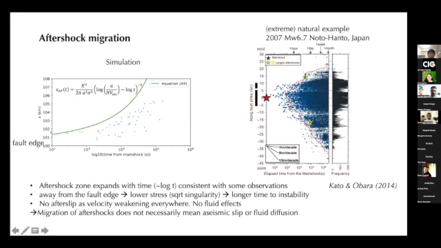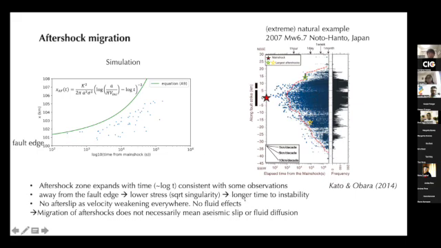This is also consistent with many observations. Also, the migration distance is smaller than in this observation. This expansion can be understood from a physical perspective: as we go away from the fault edge, the stress increase from the mainshock is getting smaller. This is from the famous square root singularity of stress concentration from fracture mechanics.